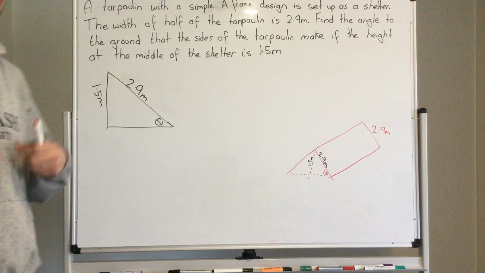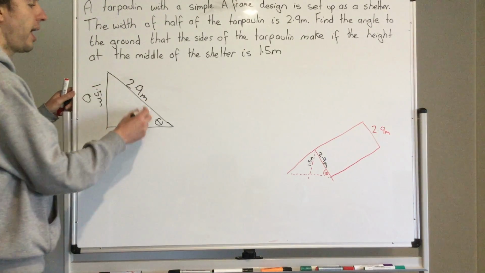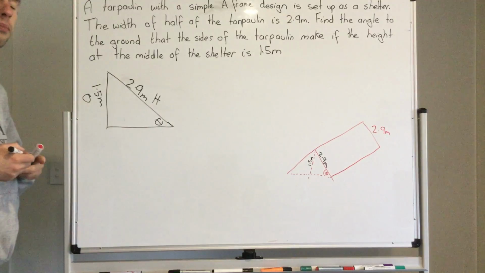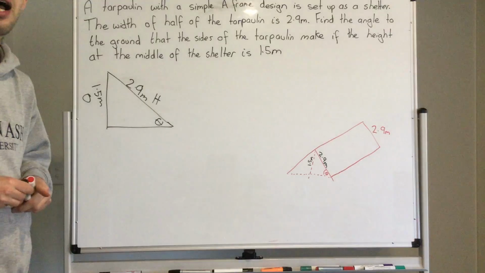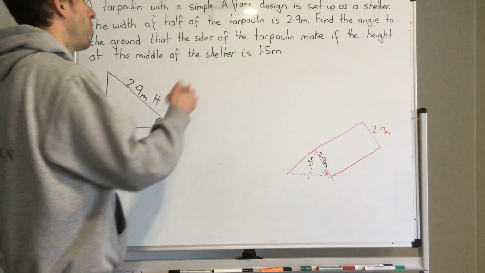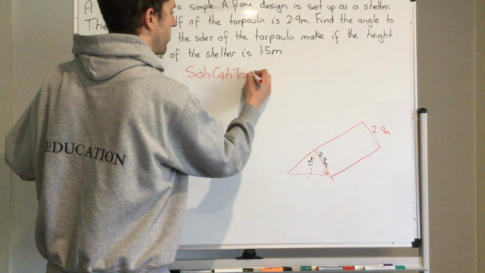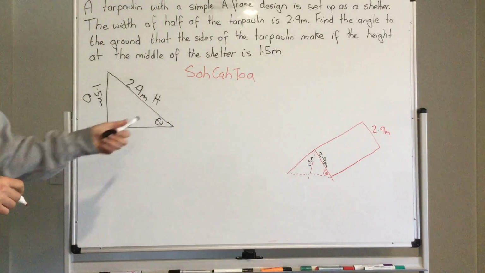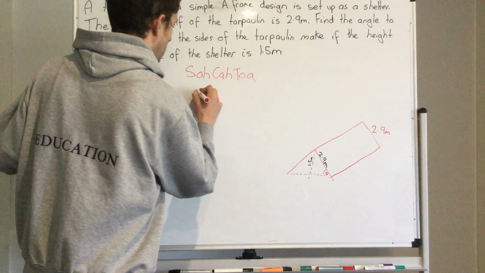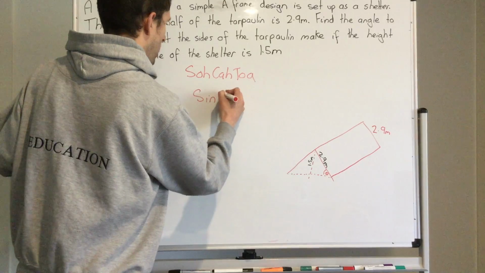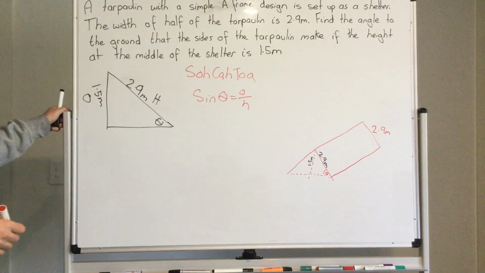If this is alpha, and this is opposite, and this is hypotenuse, I straight away think about my understanding of trigonometry, which is SOH CAH TOA. Straight away I can see that we're using O and H, so it would have to be sine. So sine alpha equals opposite over hypotenuse.